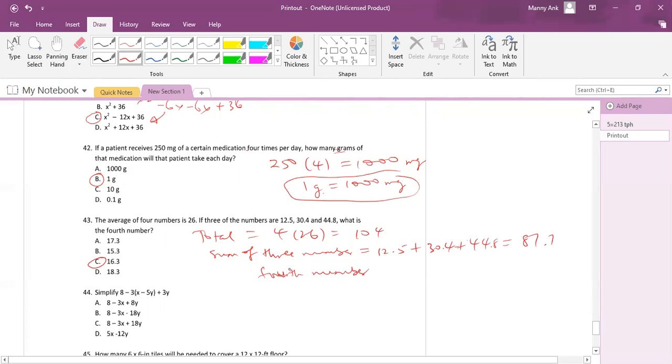The fourth number is equal to 104 minus 87.7, which is 16.3.